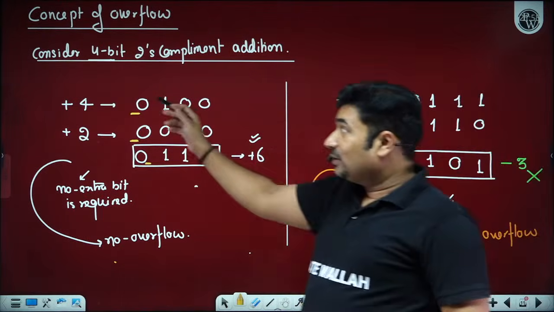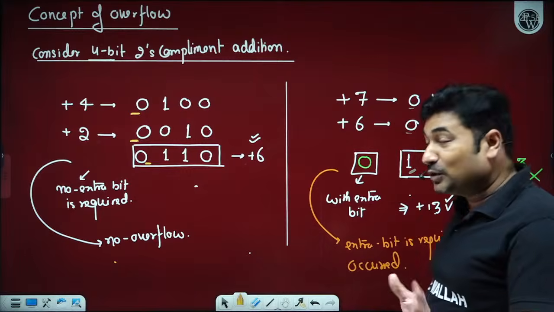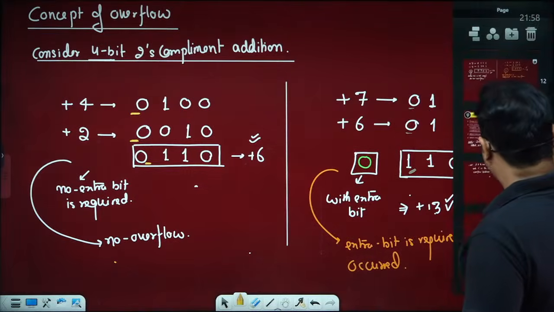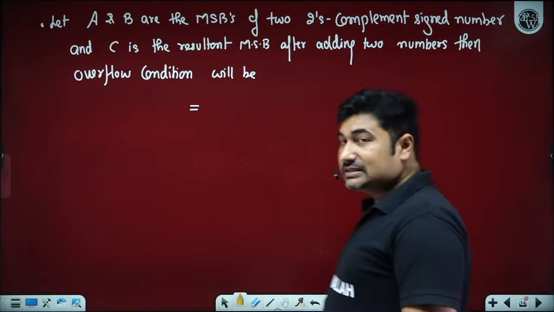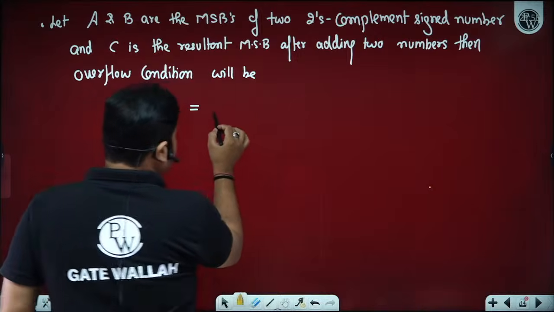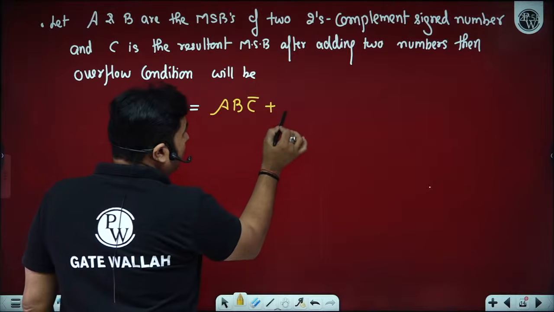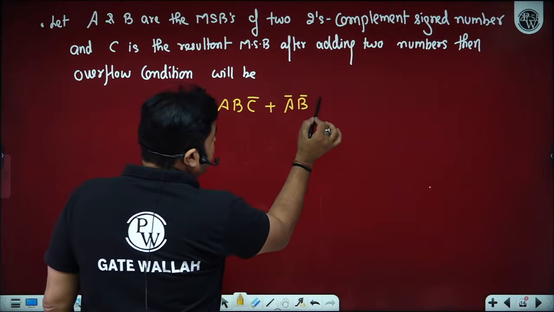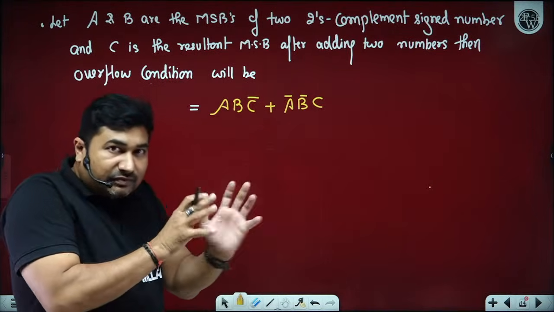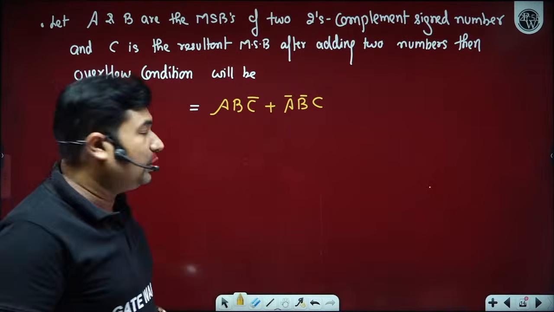If A is low, B is low and C is also low, no overflow. Overflow occurs when two same-sign numbers are added and the result has the opposite sign. So A and B high with C low, or A and B low with C high. If any one of these is true, overflow has occurred.